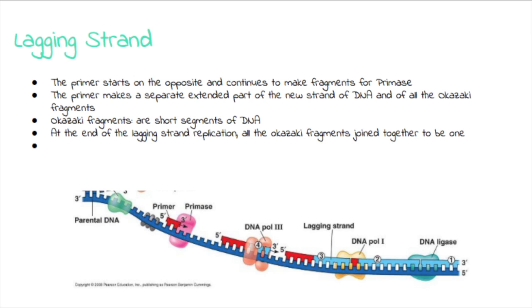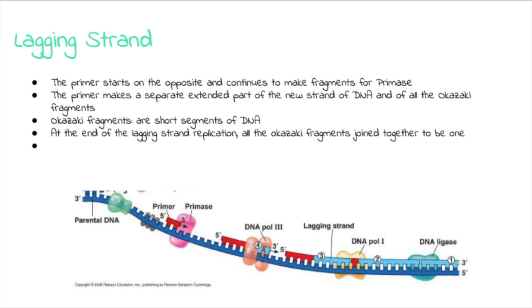Okay, so next is the lagging strand. So the primer starts on the opposite end and continues to make fragments for primase. So basically the primer starts in the middle of the DNA fragment and moves toward the end like the way it's supposed to replicate. The primer makes a separate extended part for the new strand of DNA and all the Okazaki fragments.